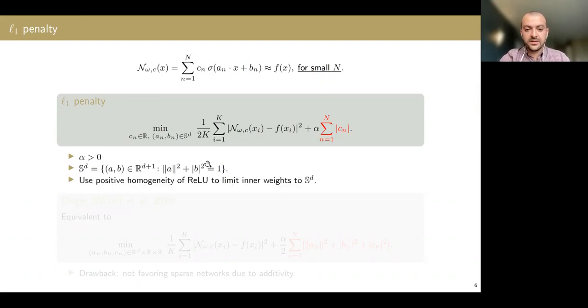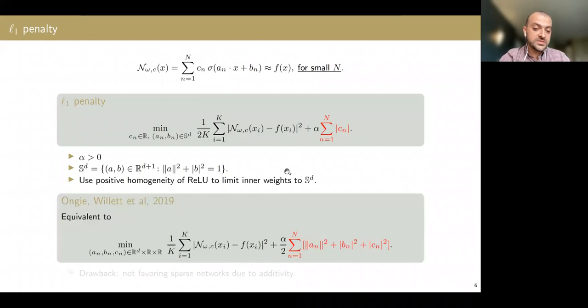And then, yeah, we're trying to solve with the L1 minimization. And what is interesting, this was proved by the paper of Ongie, Willett, and others. It turns out that this problem, even though it is a penalty on the outer weights only, is very interestingly equivalent to penalizing all the weights, but now with the L2 norm, and you have an alpha over 2 coefficient in front, okay?